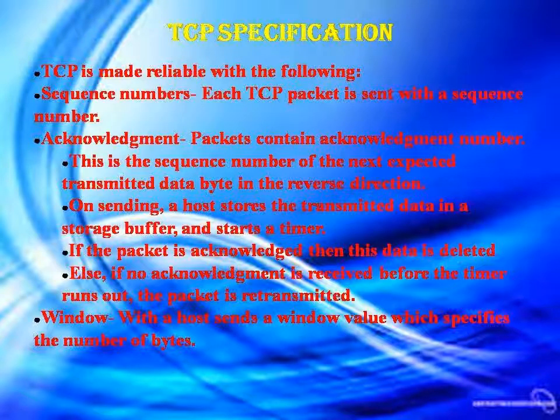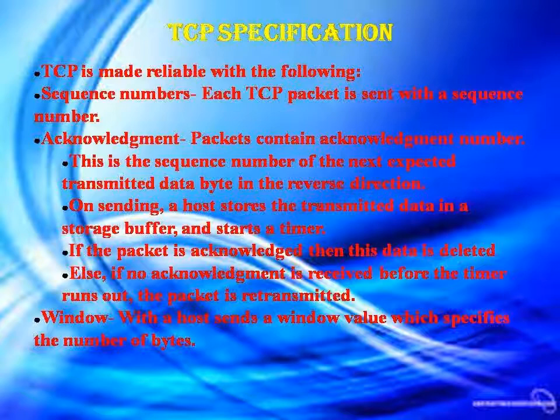TCP specification. TCP is made reliable with the following: sequence numbers. Each TCP packet is sent with a sequence number. Acknowledgement. Packets contain an acknowledgement number. This is the sequence number of the next expected transmitted data byte in the reverse direction.